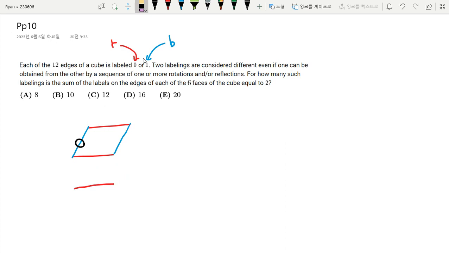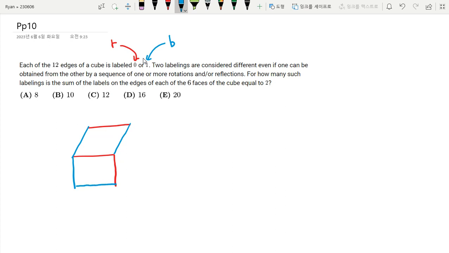So instead of these three red lines parallel, we need to make one red line perpendicular to the other. So let's say we make this red line, and by making this red line, the front face should have two blue lines like this.